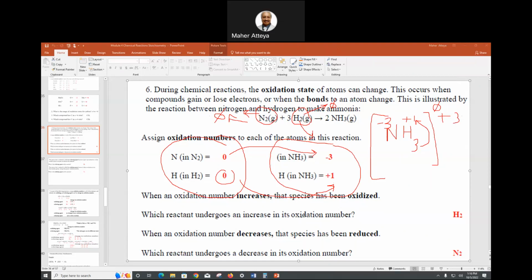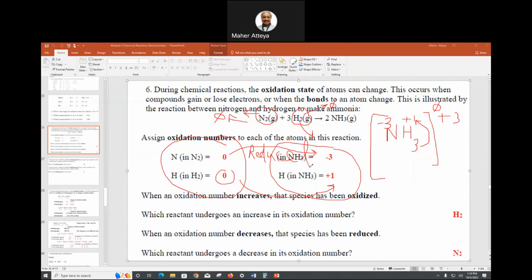So the top one, nitrogen, is being what? What we call this is being reduced. So nitrogen is being reduced. How about hydrogen? From 0 to +1. Is that an increase or decrease?